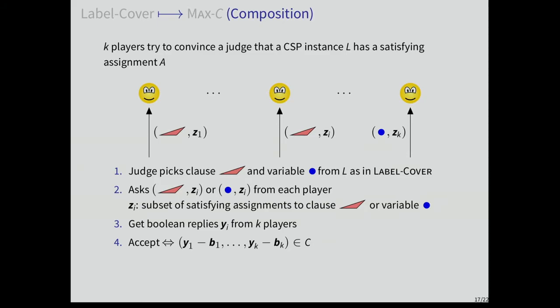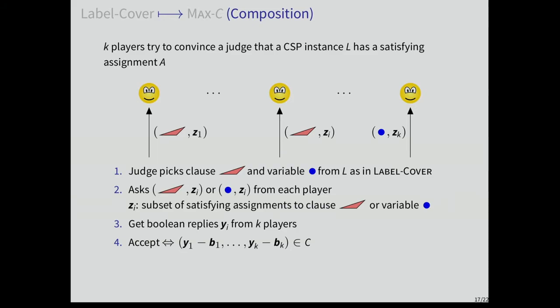Now K players want to convince a judge that there's a satisfying assignment to a CSP instance L, the same CSP instance in the label cover instance. The judge starts the game by picking a random clause and a random variable from the CSP instance L, just like label cover. The judge wants to know the satisfying assignment to the clause and to the variable.